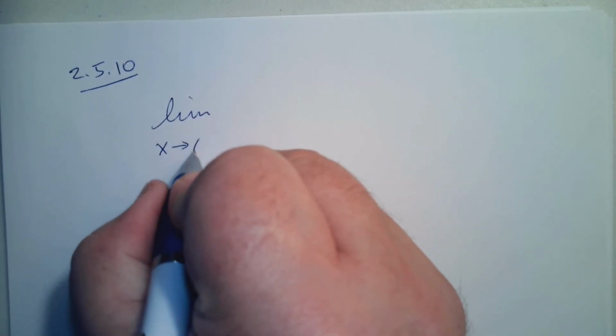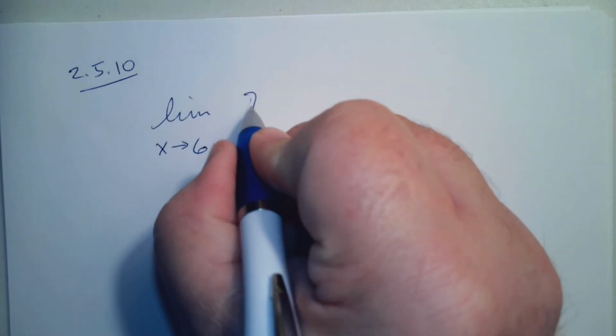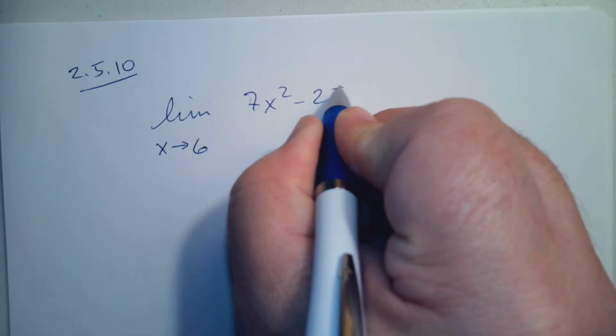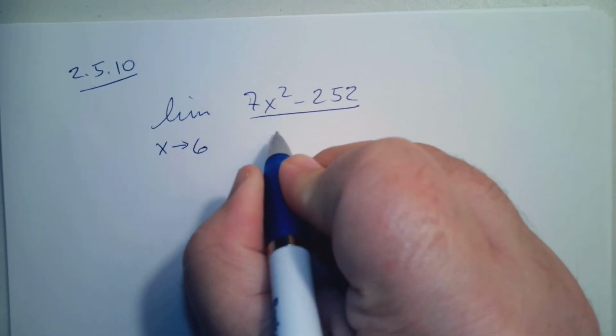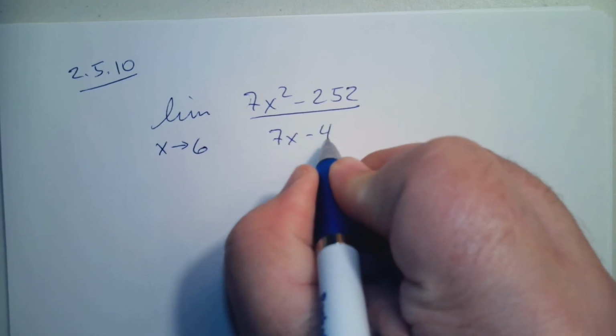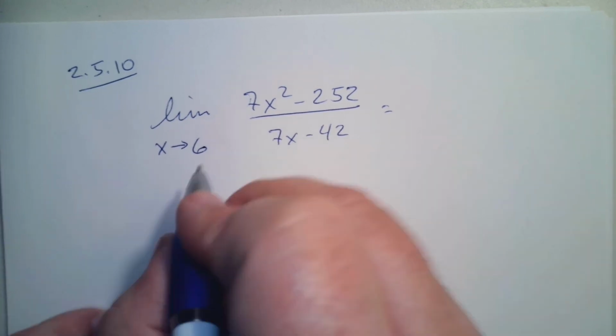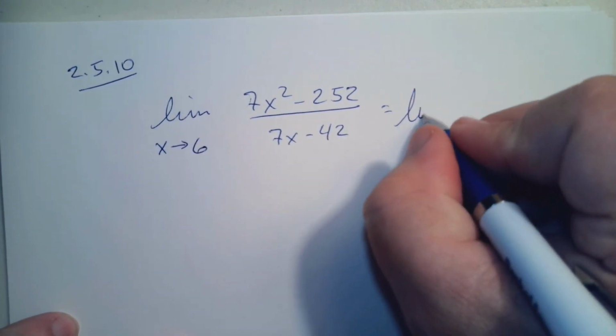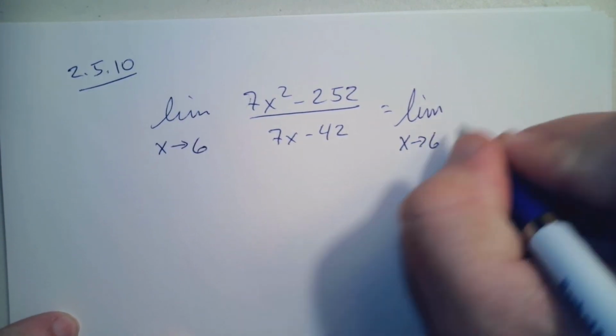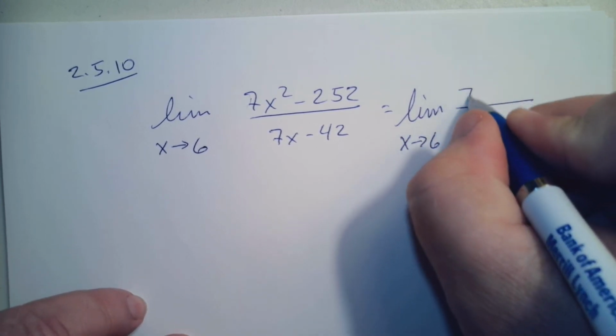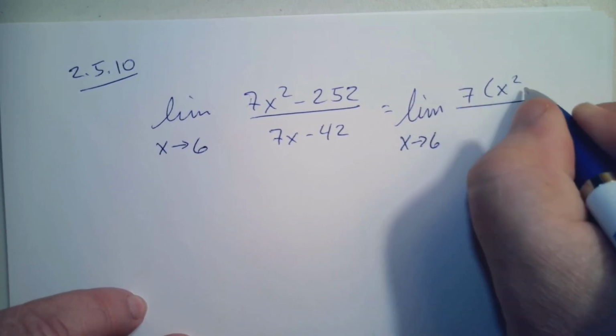We're looking at this as x approaches 6: 7x squared minus 252 over 7x minus 42. They both have a 7 in common. So if I factor out a 7, I got x squared.